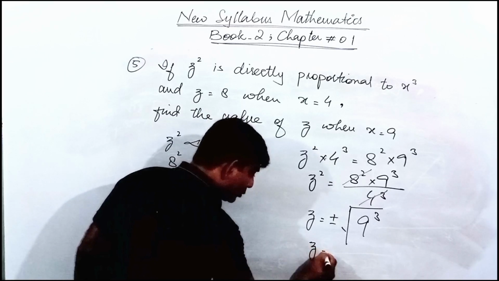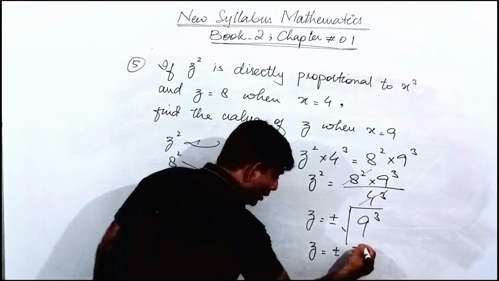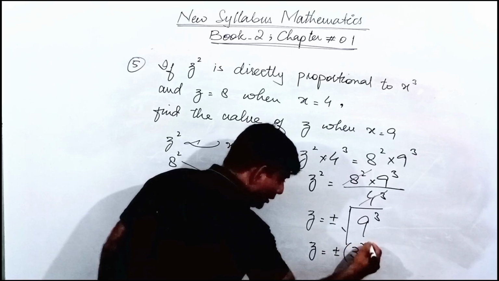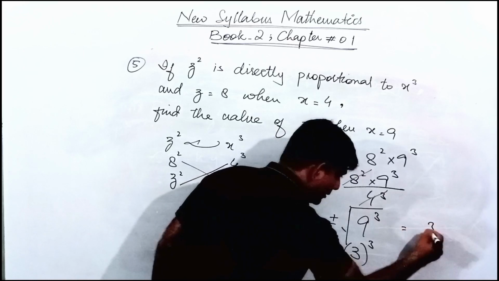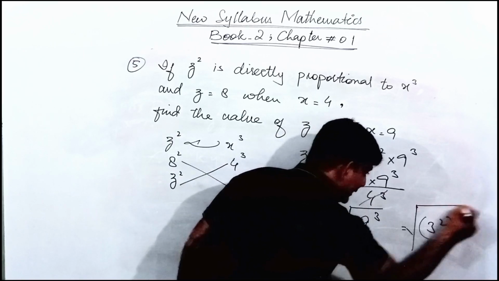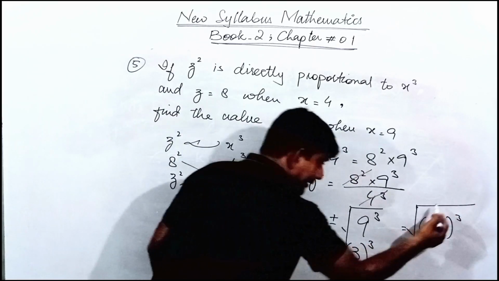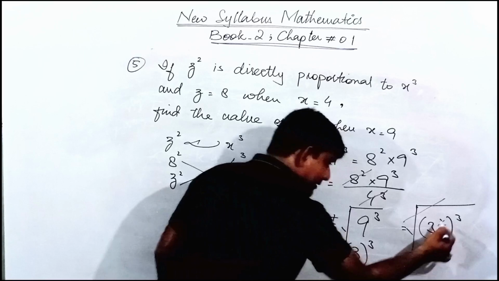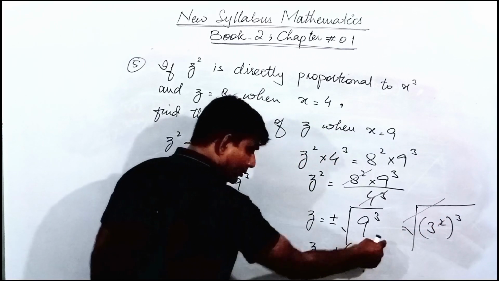So z is equal to plus minus 3 cube. 9 is 3 square, so one can write 3 square times cube, and this radical sign cancels out by this square. So we have just 3 cube, or use a calculator. Now 3 times 3 is 9, times 3 is 27.